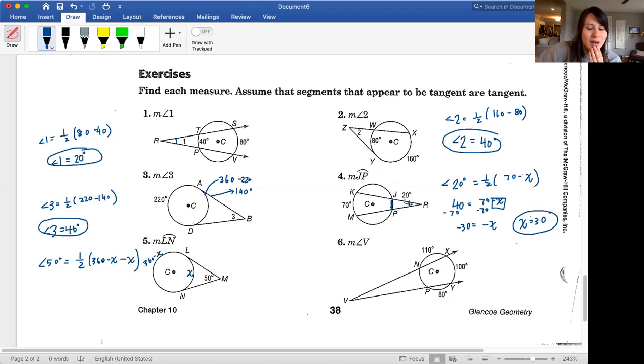Okay, so thankfully I had the same variable, so I think I can find out what X is and then use that to help me find LN. First of all, I'm going to multiply by 2 on both sides. 100 equals 360 minus 2x, okay? So now I'm going to subtract 360 from both sides.